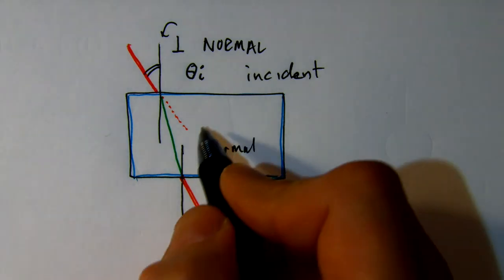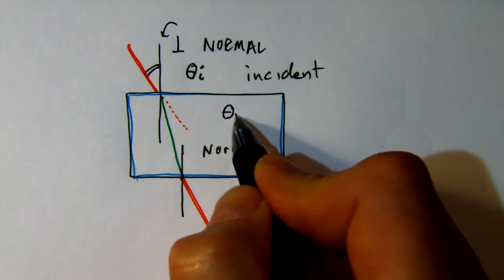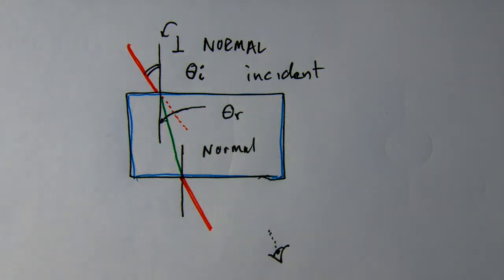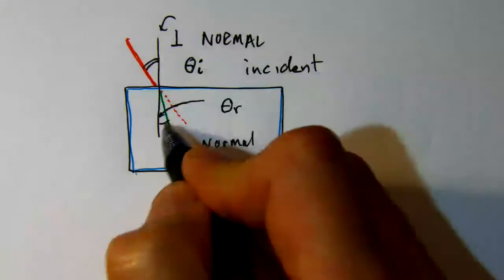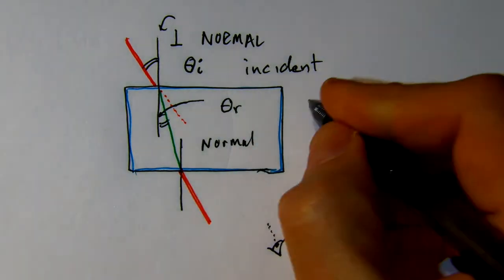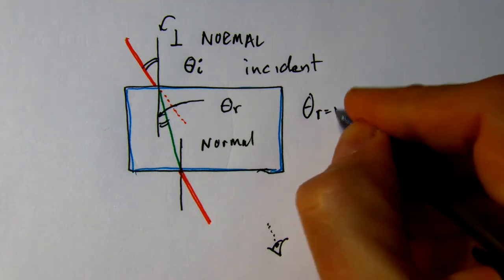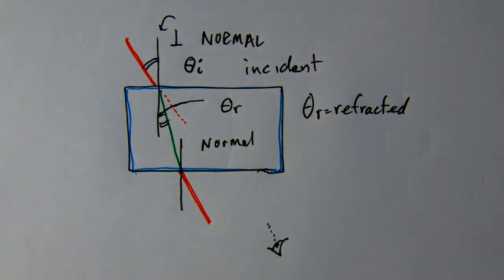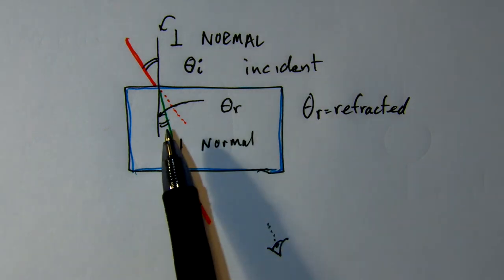And then this guy here, this is what we call the refracted angle. It's the one on the inside, so it is with respect to the normal, right? So theta r is refracted. That's a refracted angle, if you will.